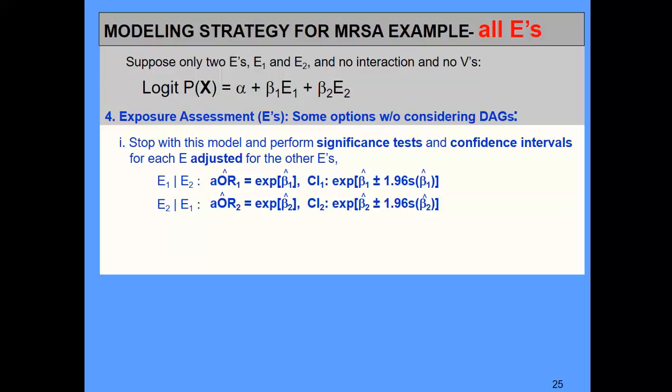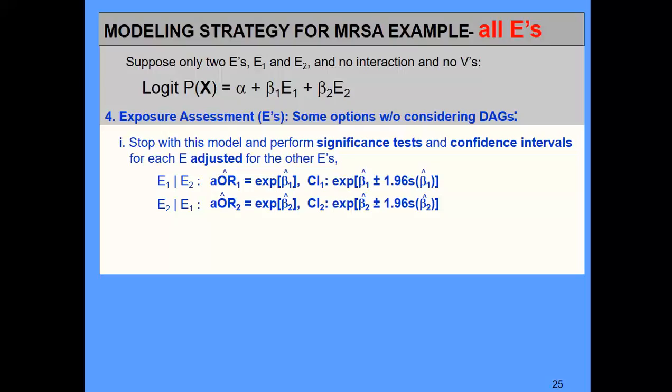Okay, so here's the first alternative. This first alternative just says, look, I got these two variables. We're done. That's your final model. And I've got 2 exposures. I want to see to what extent any one of them is predictive of the outcome.